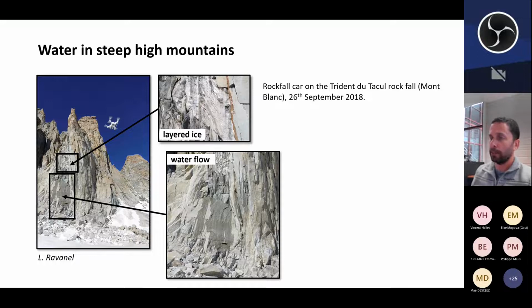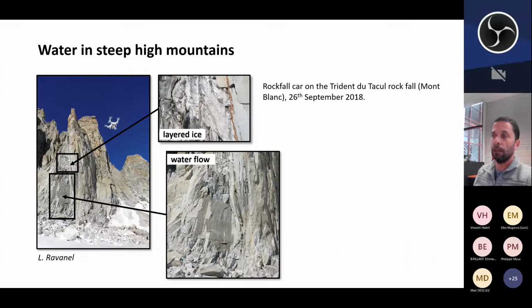It can also advect heat and have a positive feedback on the thawing of the permafrost and destabilization of the rock. So obviously water plays a key role in mountain permafrost degradation, but there's very little we know about water in the rock.